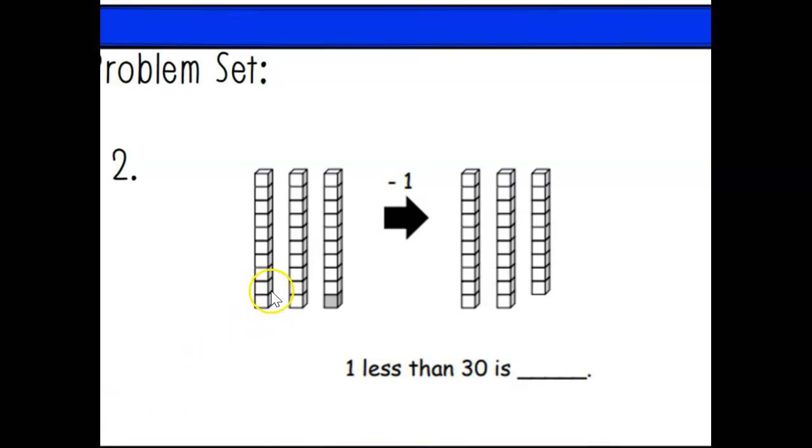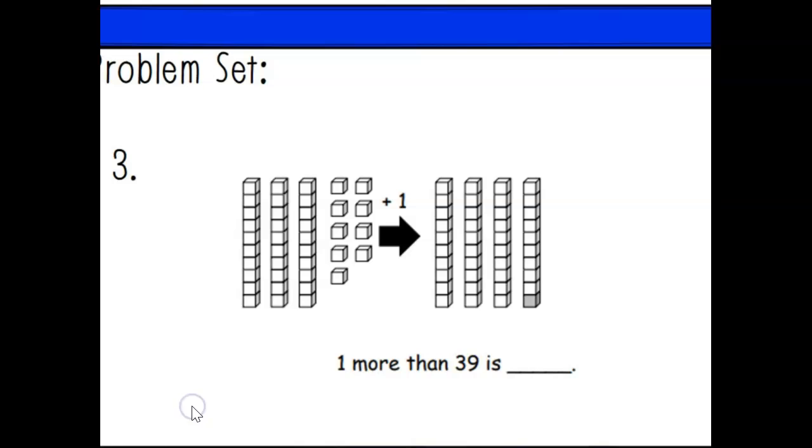So we have 10, 20, 30, and then we're taking 1 away. So 1 less than 30 is 10, 20, 21, 22, 23, 24, 25, 26, 27, 28, 29. All right, 1 more than 39.